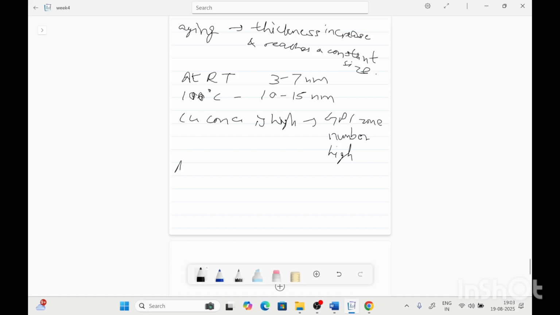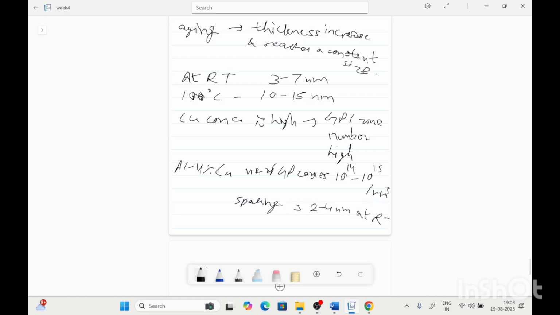If we talk about the aluminium 4% copper alloy, the number of GP zones found is 10 raised to power 14 to 10 raised to power 15 per cubic millimeter. And the spacing between those GP zones is 2 to 4 nanometer at room temperature.